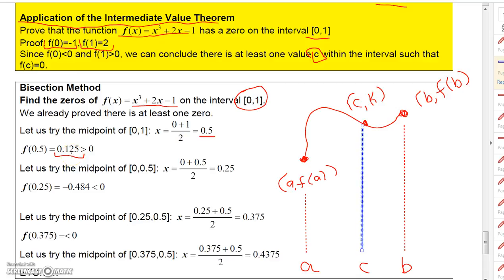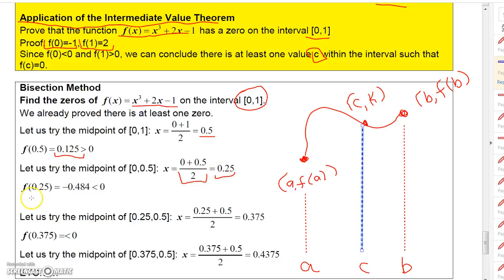I'm sorry, not 0.125, between 0 and 0.5. Because 0 gave me a negative, 0.5 gave me a positive, so there must be a root between 0 and 0.5. So let's find the point halfway between there. That's going to be 0.25.